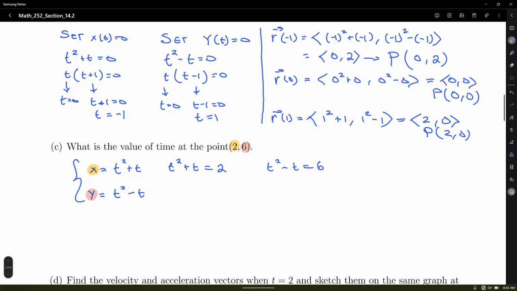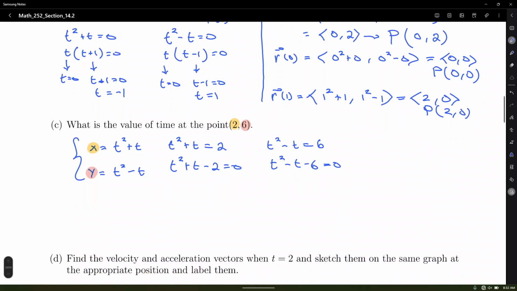Well, in this case, we have a couple of quadratic equations. Let's have everything on one side. That is, move the 2 to the left-hand side, and move the 6 to the left-hand side. In this case, we need to solve two quadratic equations. Keep it simple.